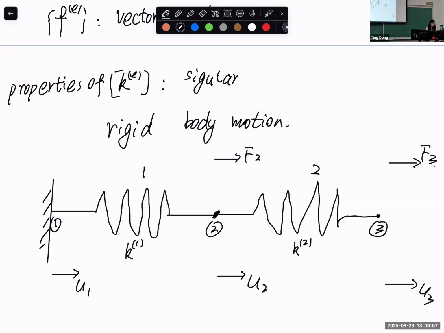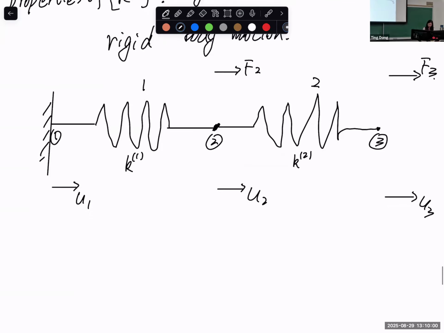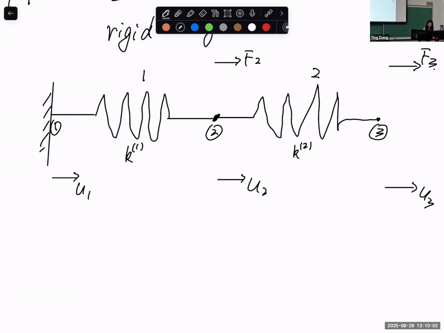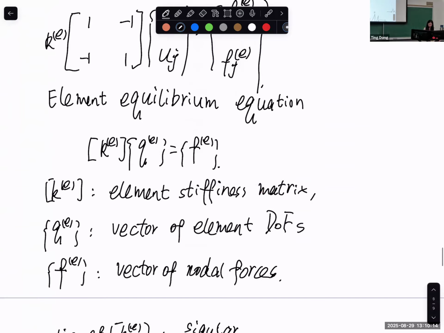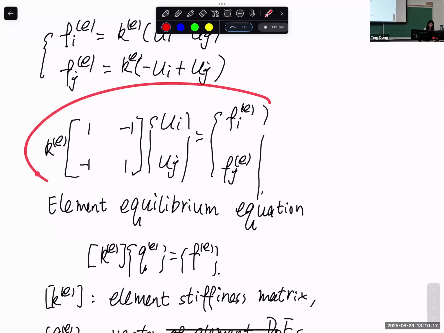We'll show you why we do that later. So now, since we defined the nodes, the elements, the displacements, and also the spring constant K for each spring element, and also the external applied forces at node 2 and node 3, we can use this equation directly.